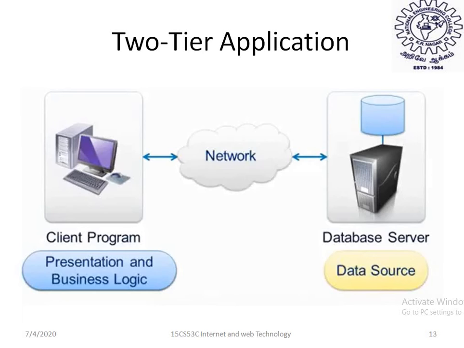The result should be provided to the client. The results are getting stored in the database server. The database server can match the corresponding registration number, and the matched registration number result should be displayed to the student. That we call as a 2-tier architecture.